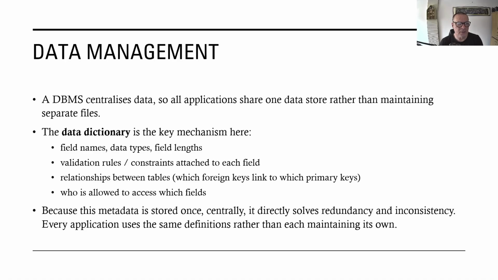That defines the field names, data types, and field lengths, any validation rules and constraints for each field, the relationships between tables with the foreign key links, and who is allowed to access which fields. And this metadata is stored once centrally. So that helps resolve the redundancy and inconsistency issue. Every application uses the same definitions rather than each maintaining their own.